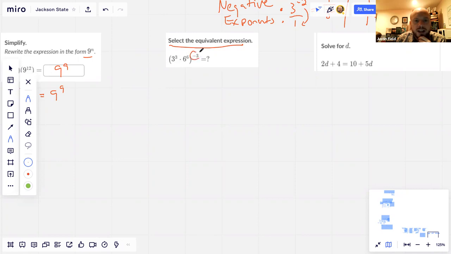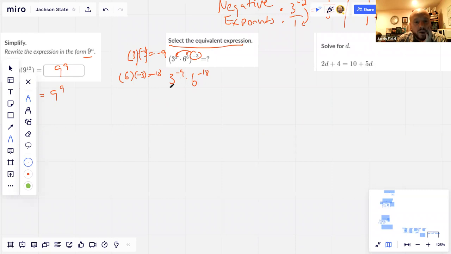We want to take this exponent outside of the parentheses and multiply it by both exponents inside the parentheses, which gives us 3 to the 3 times negative 3, which is negative 9. And then 6 times negative 3 is negative 18. So times 6 to the negative 18th.